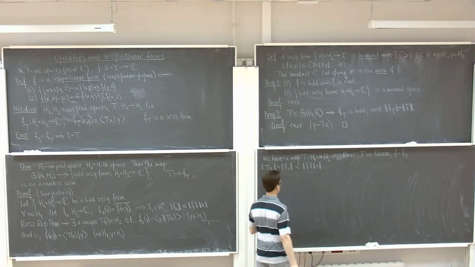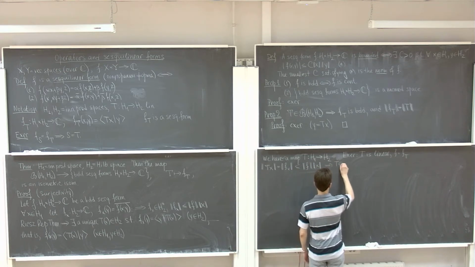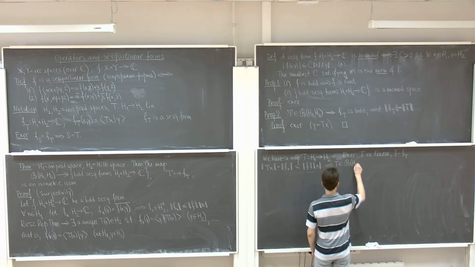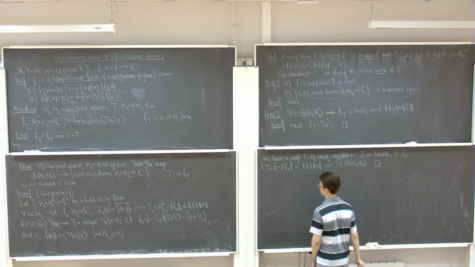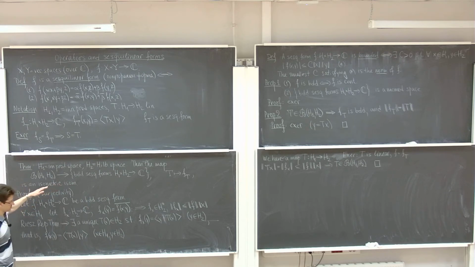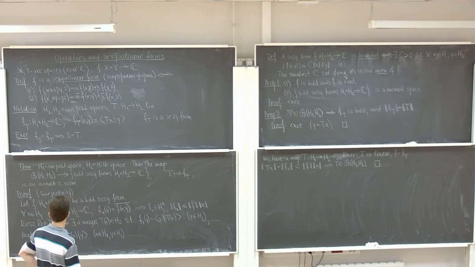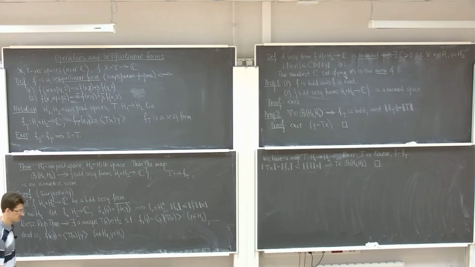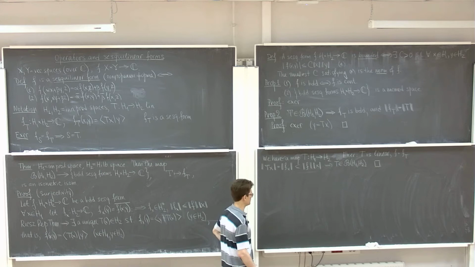And this inequality implies that T is bounded. And this completes the proof. So we already know that this map is isometric, and now we have shown that it is surjective. So it is an isometric isomorphism. So briefly, the result states that each bounded sesquilinear form comes from an operator. And we will see that this is very useful.